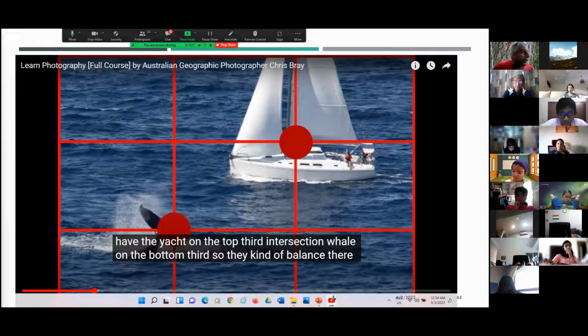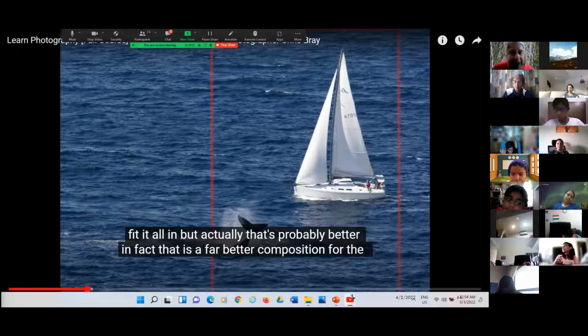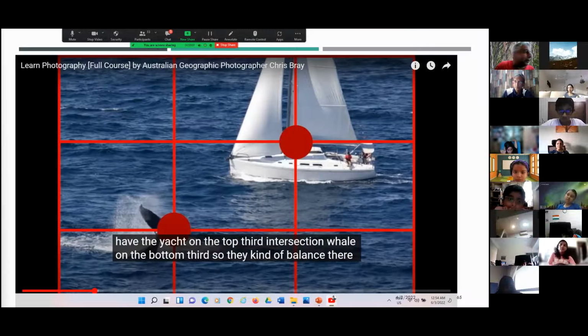Sometimes just using the grids that we have seen, the yacht and the tail of the whale makes it a lot more interesting. It's quite scary because the whale looks very close to the boat and it could probably tip the boat. So it becomes a very interesting picture, makes it scary, unlike the other side where it looks pretty harmless and quite boring actually. Okay, so this is what happens when you do framing.